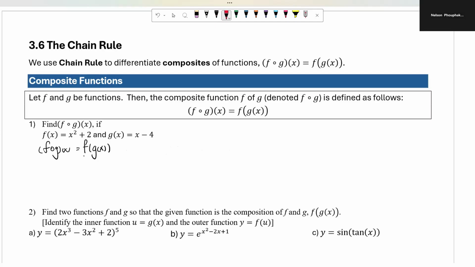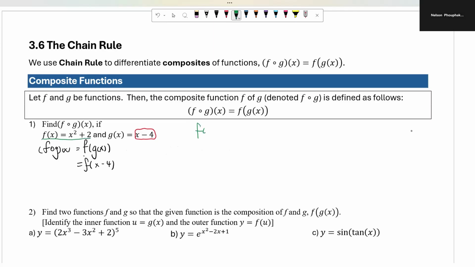In this case, we replace g of x with x minus 4, so we write this as f of x minus 4.